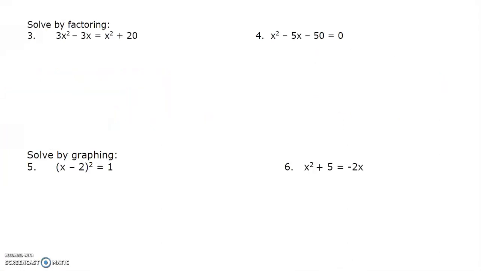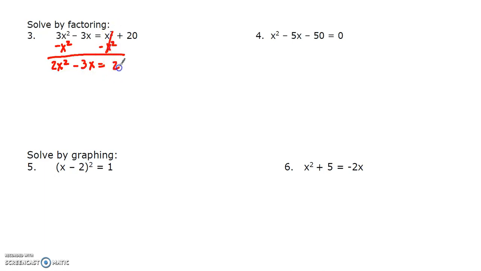All right, the next section, we need to solve the quadratic equation by factoring. And remember, solving just means we are going to find the x-intercepts. So I need to get all of this set equal to 0. I'm going to move this over by subtracting, and that will give me 2x squared minus 3x.